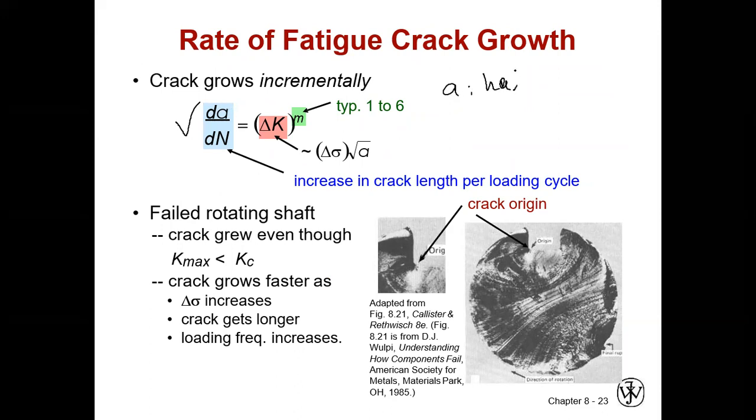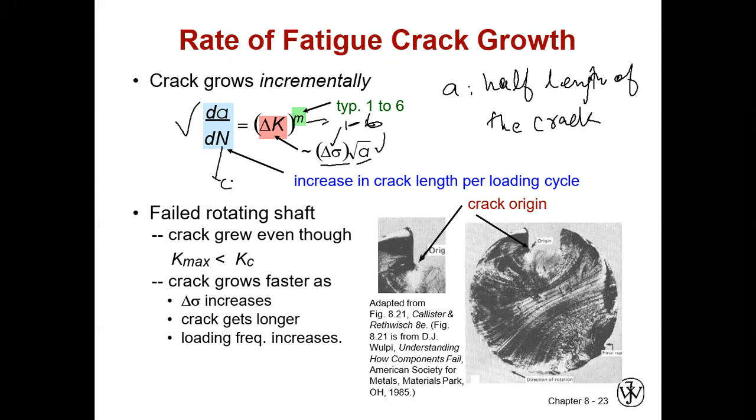A is the half length of the crack. And delta K is equal to sigma times the square root of A. Sigma is the stress, A is the half length, and M is a constant which can range from 1 to 6. And N is the number of cycles.